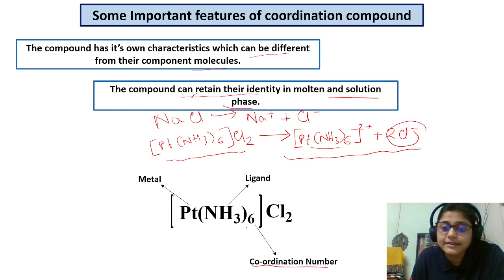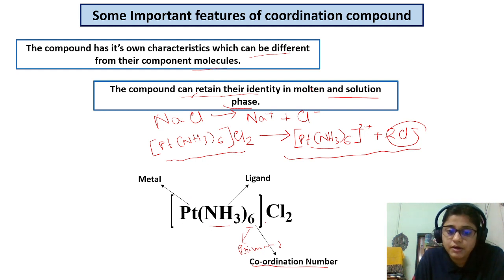And this is actually called primary valency. Werner's theory is also there, but I will not go into that part because it is not important from our CSIR NET exam point of view. We will just cover some structural characteristics for now.